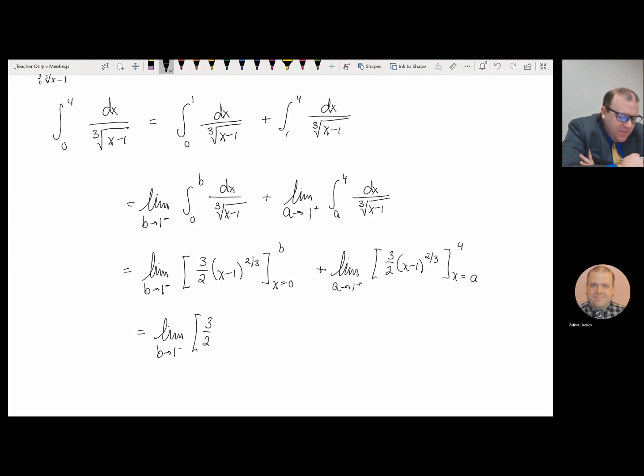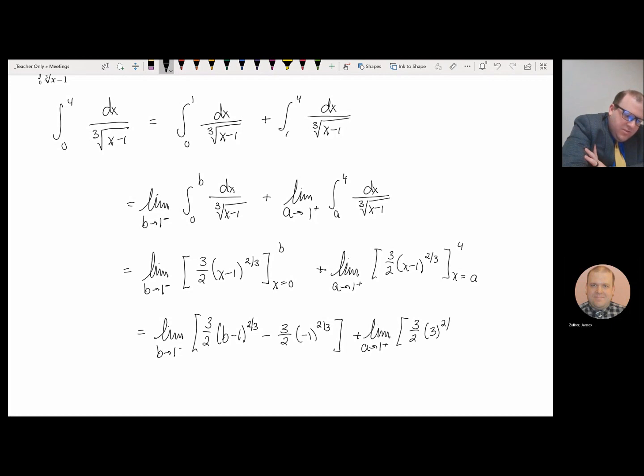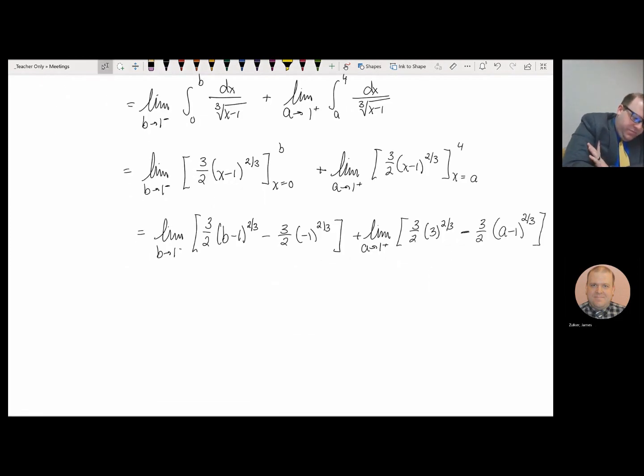Right, 3/2 times b minus 1 to the 2/3 minus 3/2 times -1 to the 2/3. That's 3/2 times 3 to the 2/3 minus 3/2 times a minus 1 to the 2/3.